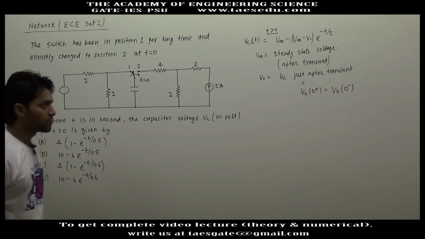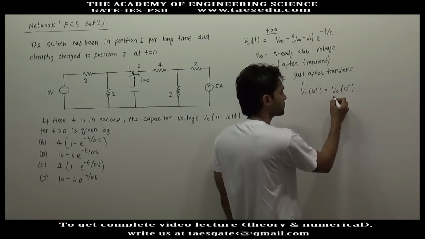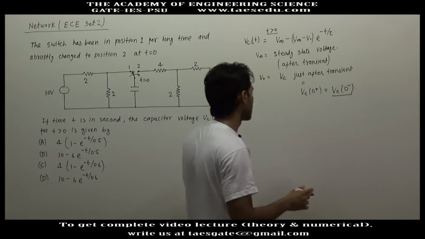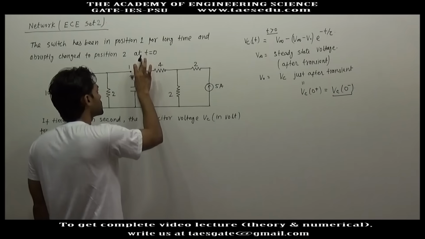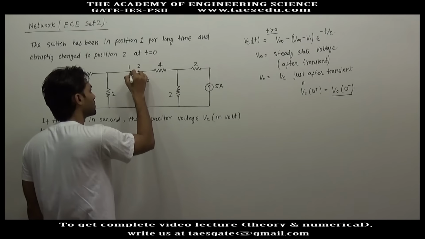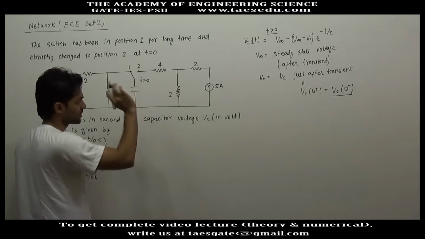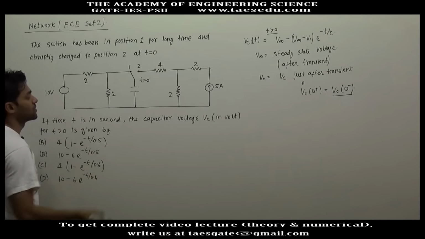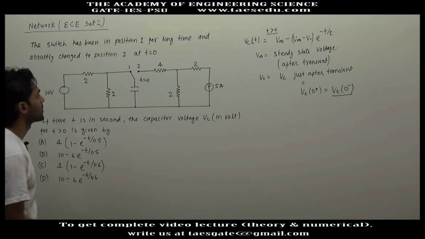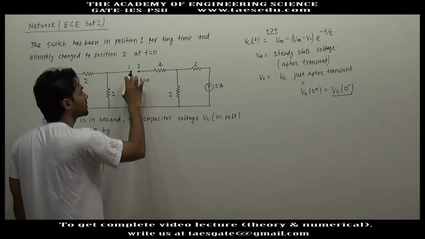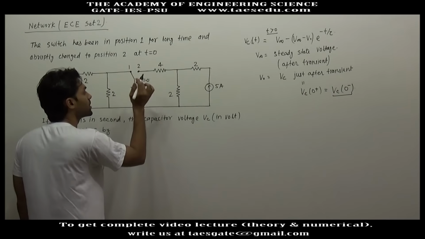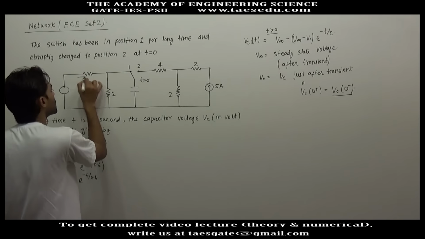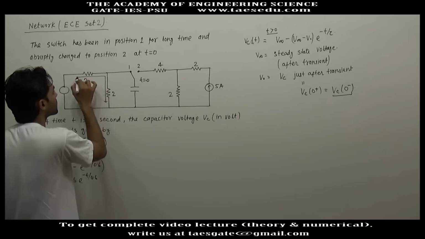So first we will find out the capacitor voltage before transient. Before transient, the switch was in position 1 and the circuit was in a steady state. So what will be the capacitor voltage? In a steady state, there will be no current through the capacitor, so whatever current flows will take this path.